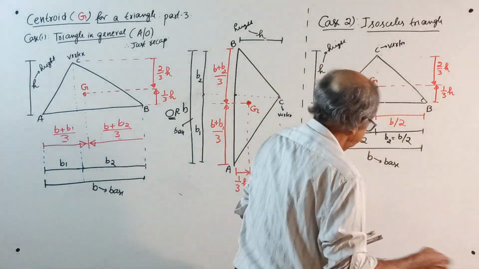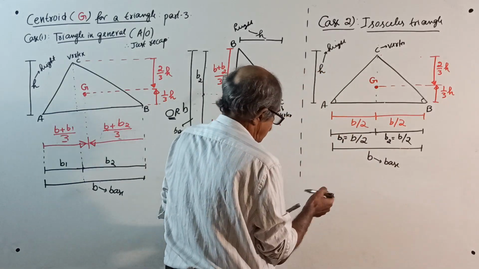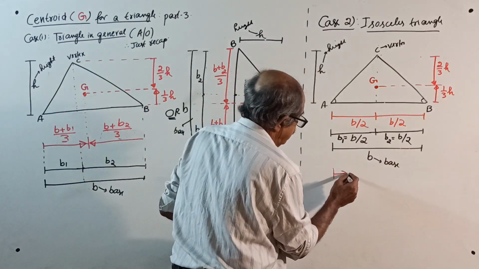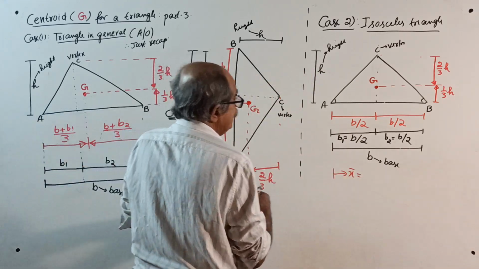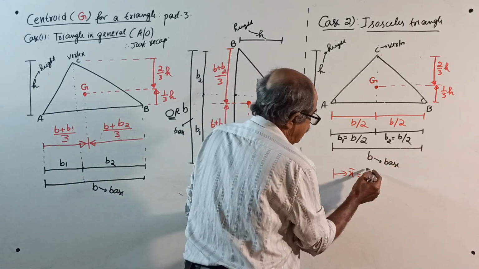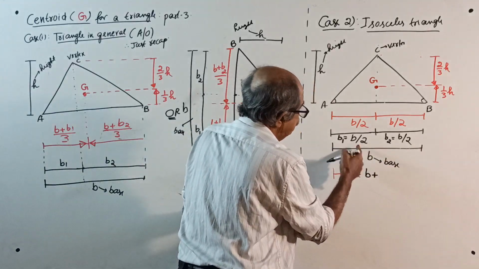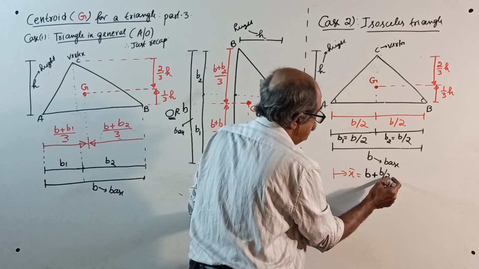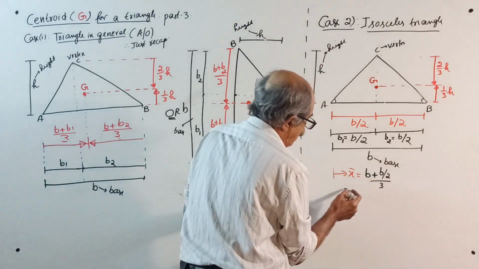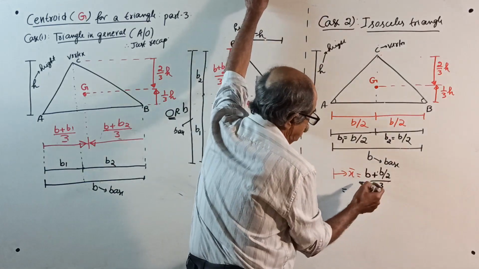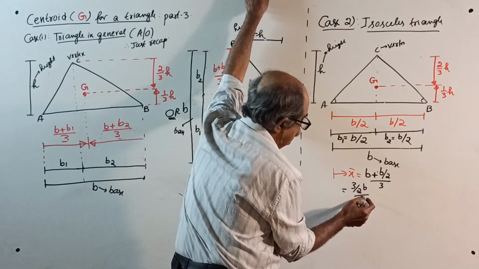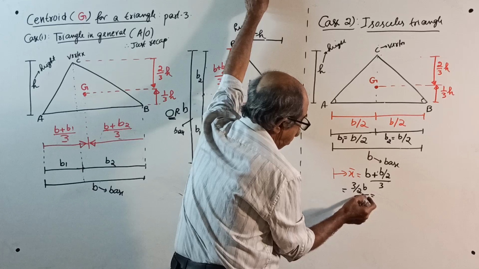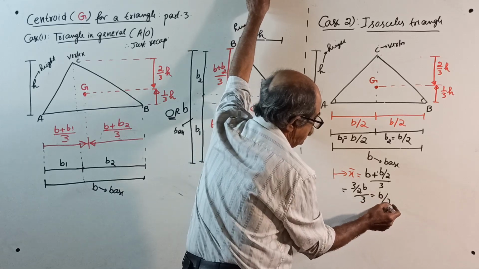Okay, now if you locate X bar from here, the formula is B plus B1 by 3. Full base B, cut base is B by 2, divided by 3, or B plus B by 2 is 3 by 2B divided by 3. The 3 will cancel, it will become B by 2.